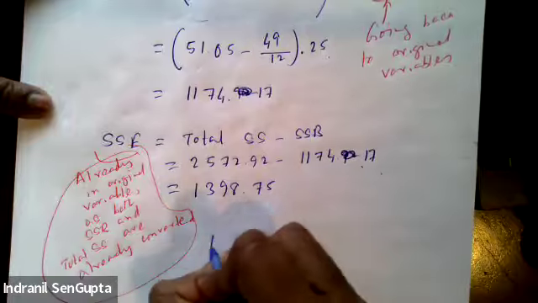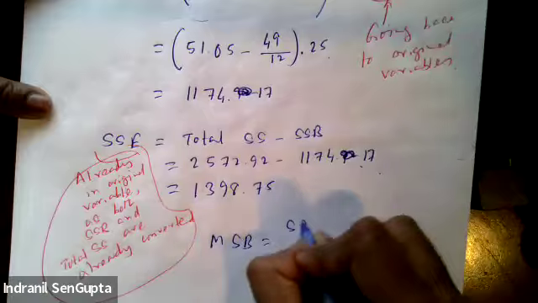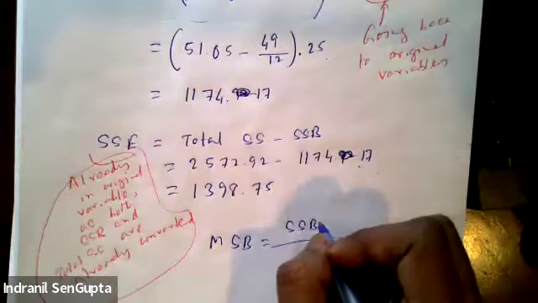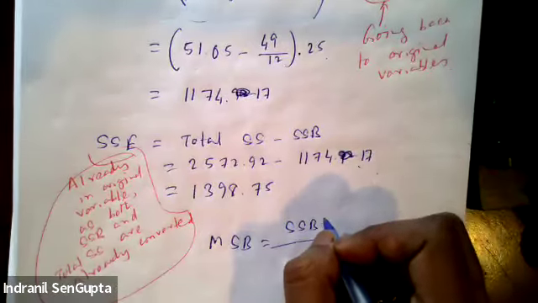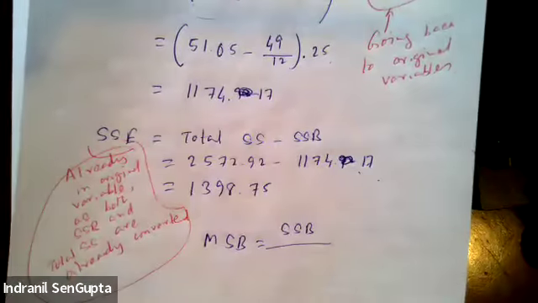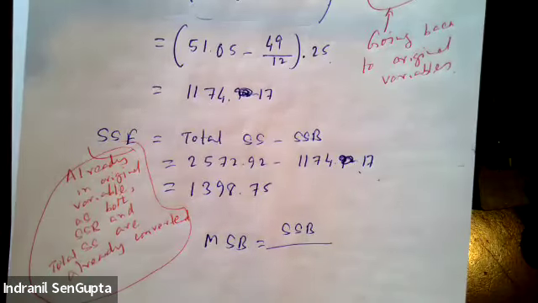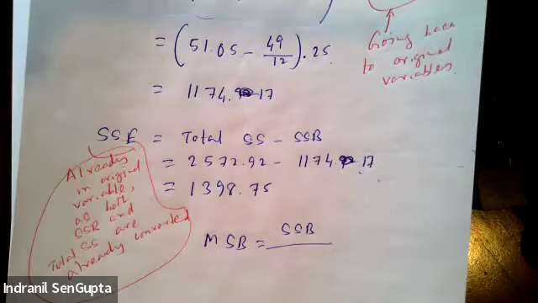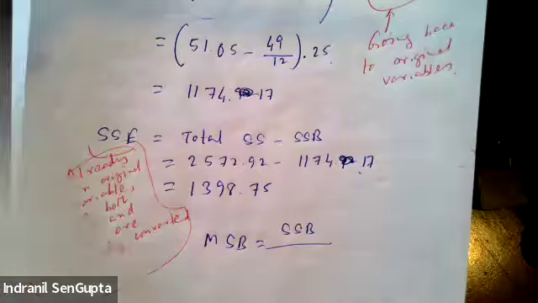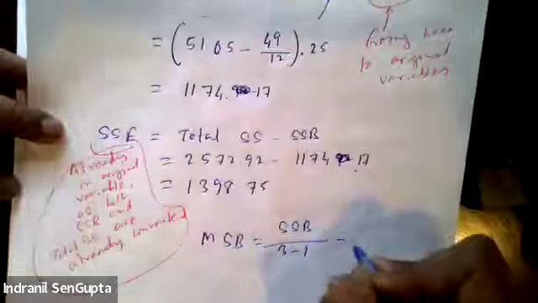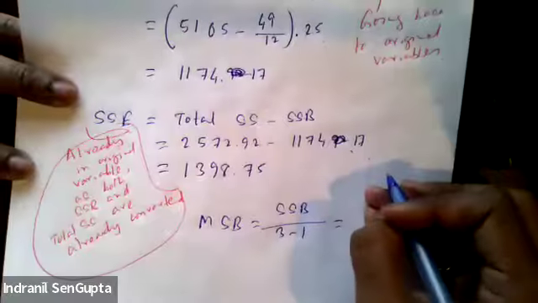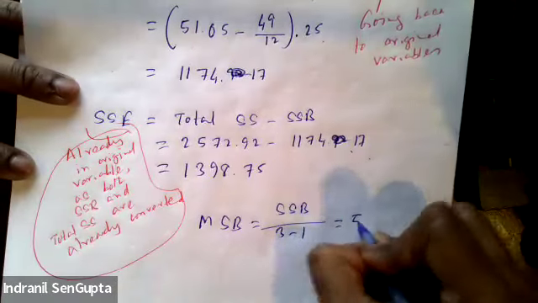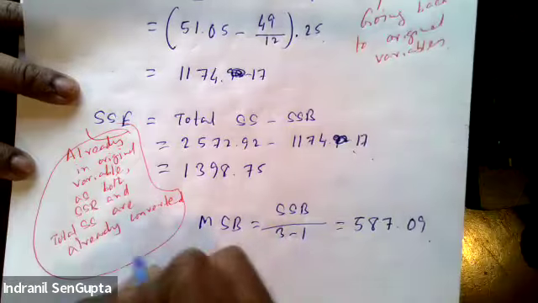Okay, now let's compute the MSB. MSB is the SSB divided by B minus 1. In our case, B is 3, so it's 3 minus 1. So it's going to be 587.09.